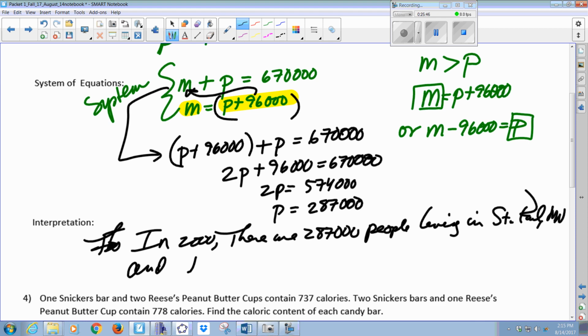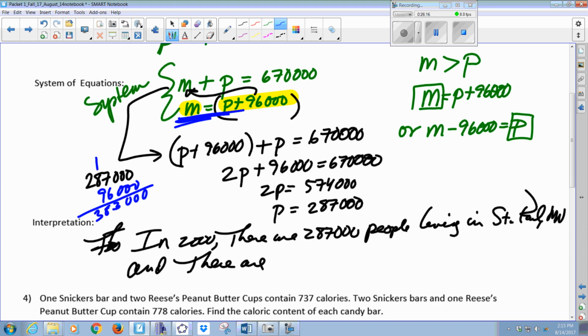And to find the number in Minneapolis, we've got to take this number, the 287,000, and add 96,000 to it, because we're going to find M right here. So we take P, this is P, 287,000. We're going to add 96,000 to it. And what do we come up with? Let's see, 383,000.